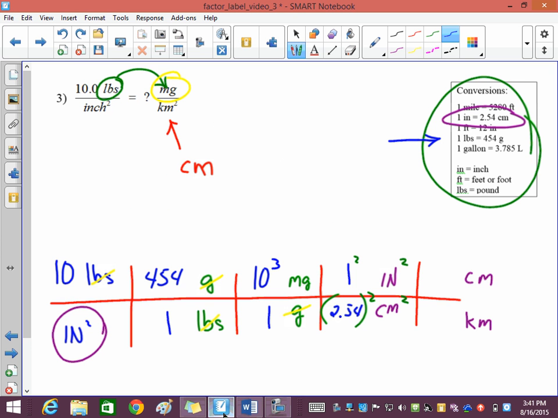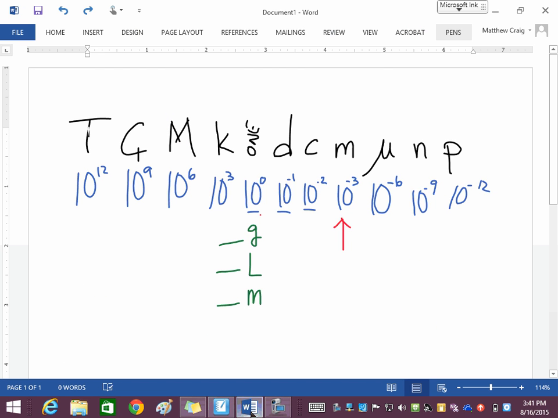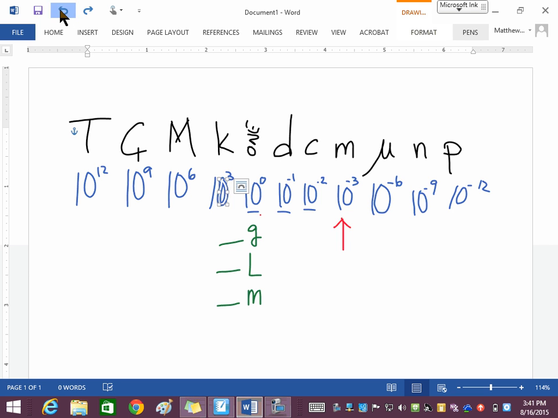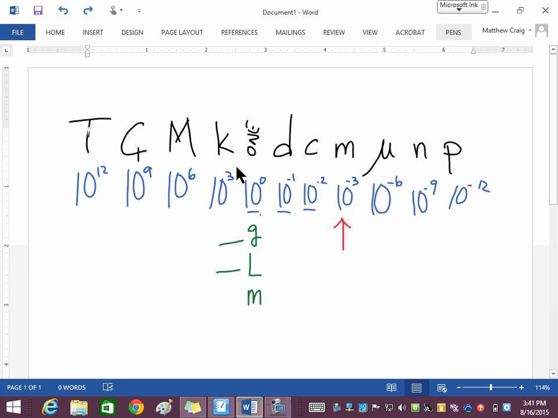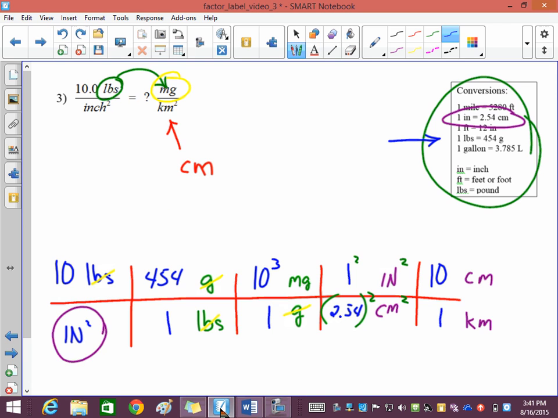Okay. So I'm going to go 1 here and 10 to the, so go back. Kilo is 10 to the 3, centi is 10 to the negative 2. So I'm going from 10 to the 3 to 10 to the negative 2, which is moving the decimal 5 times.